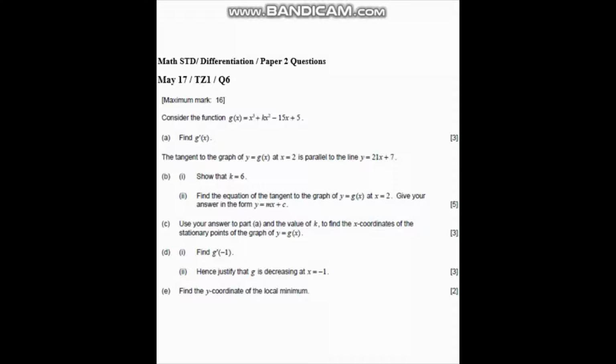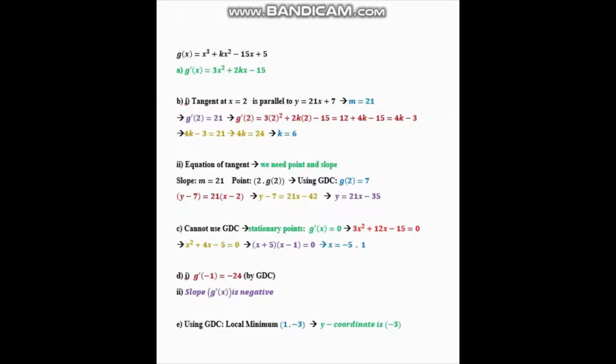The slope obviously is the value of g dash when x equals 2, which I know is 21. So this is the slope. Next, I need a point, so the point is obtained by x equals 2 and y equals g of 2, so I just need to find g of 2. There is our slope, there is our point.